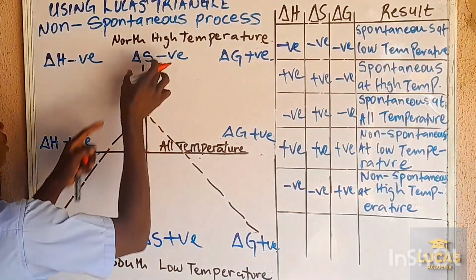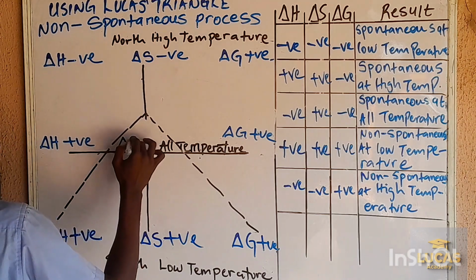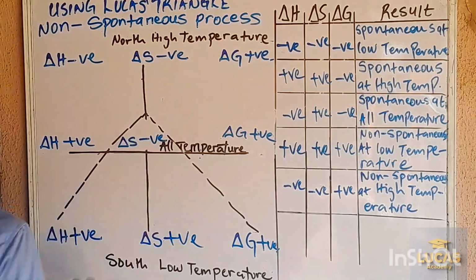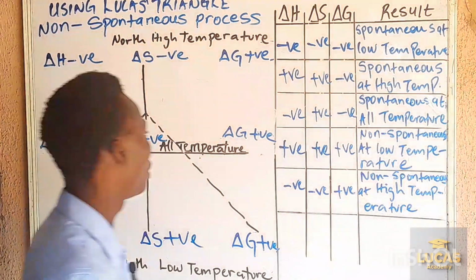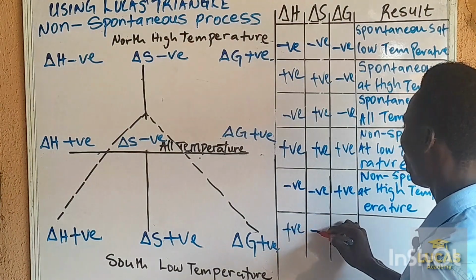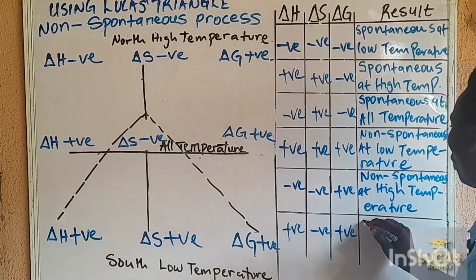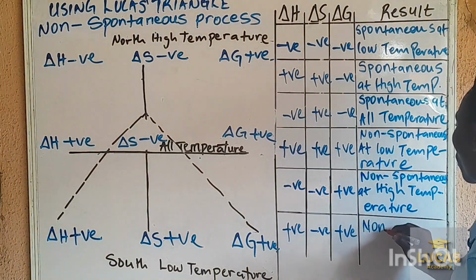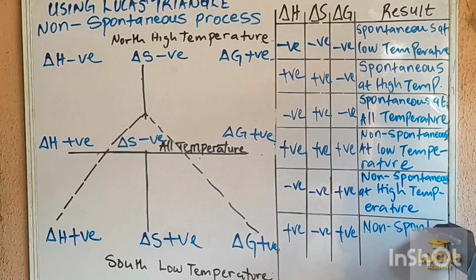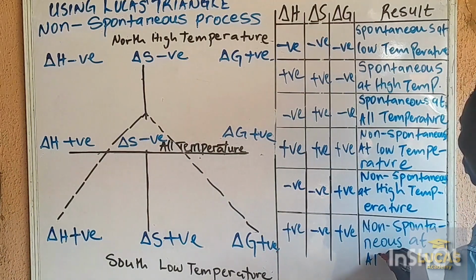Then the two of them are facing this one here, so that means delta S is negative. Can you see that? So now here we go. This one is positive, this one is negative, while this one here is positive. So what can we say about this? Non-spontaneous at all temperature.